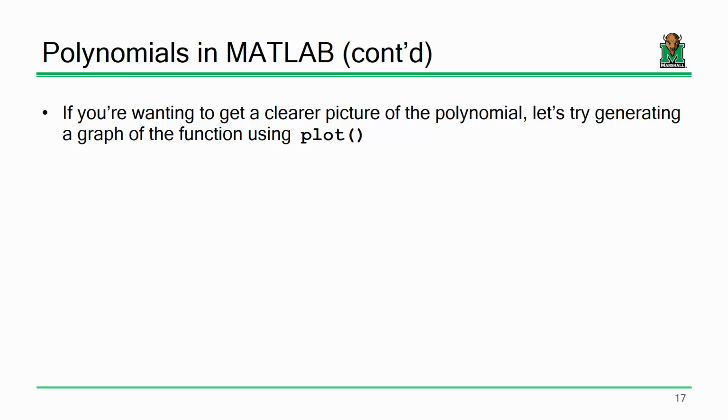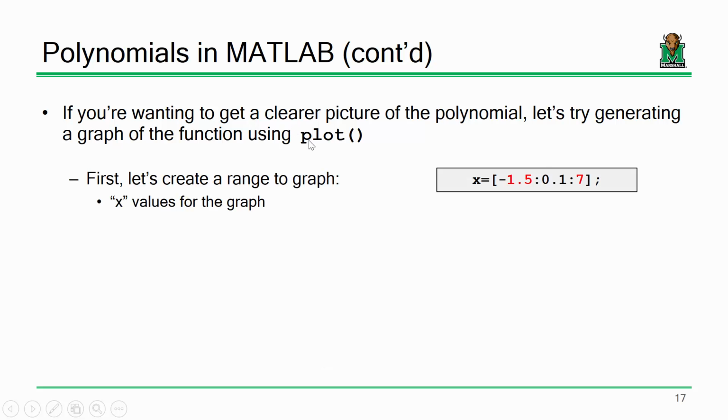Speaking of graphs, let's try plotting it. So if you want to plot a polynomial, you can use the plot function. And let's, first of all, create a range that it will plot with. We're going to set this array: the beginning is -1.5, the end is 7, and we want it to do it in increments of 0.1.